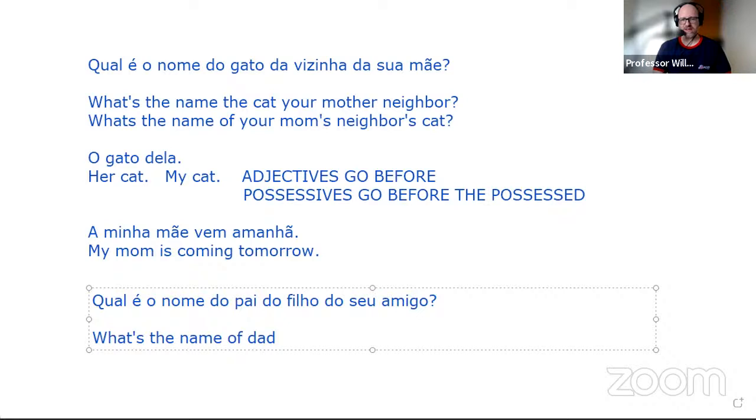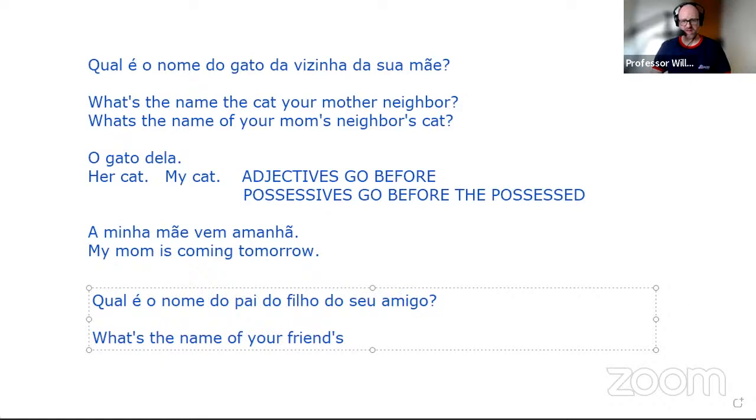Qual é a única coisa não sendo possessivo? Tinha que ser o amigo, né? Of friend. Friend de quem? Pai do filho do seu amigo. Your. Of your friend. Right?